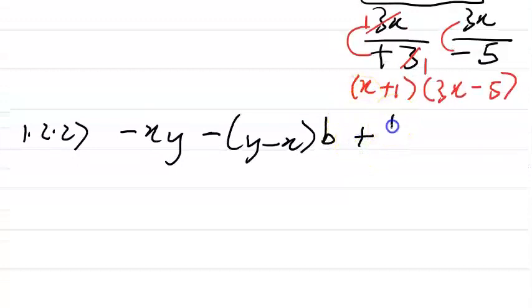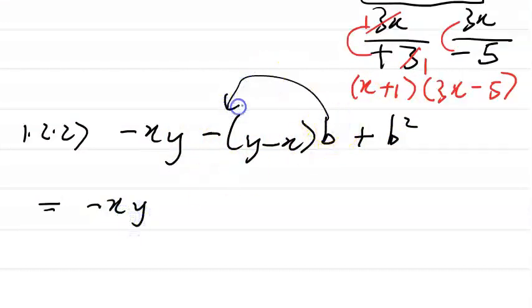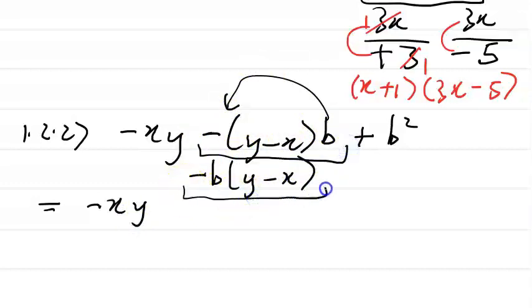Now, why does this look like a grouping in pairs question? Because if I open these brackets out here, I'm going to be left with minus xy. Remember this b, I can put it in the front there, or write it as minus b into y minus x. It's the same thing. I just rewrote it. So it'll be minus by plus bx.